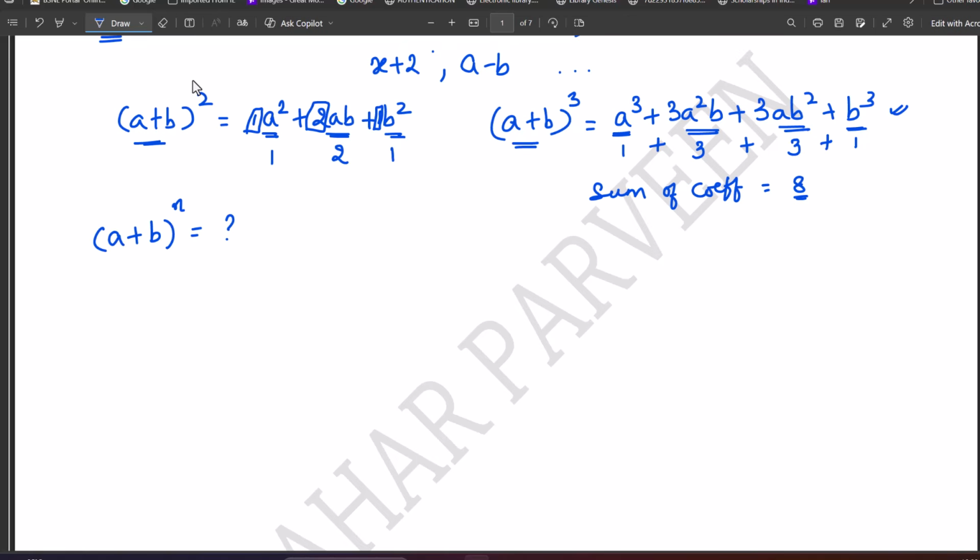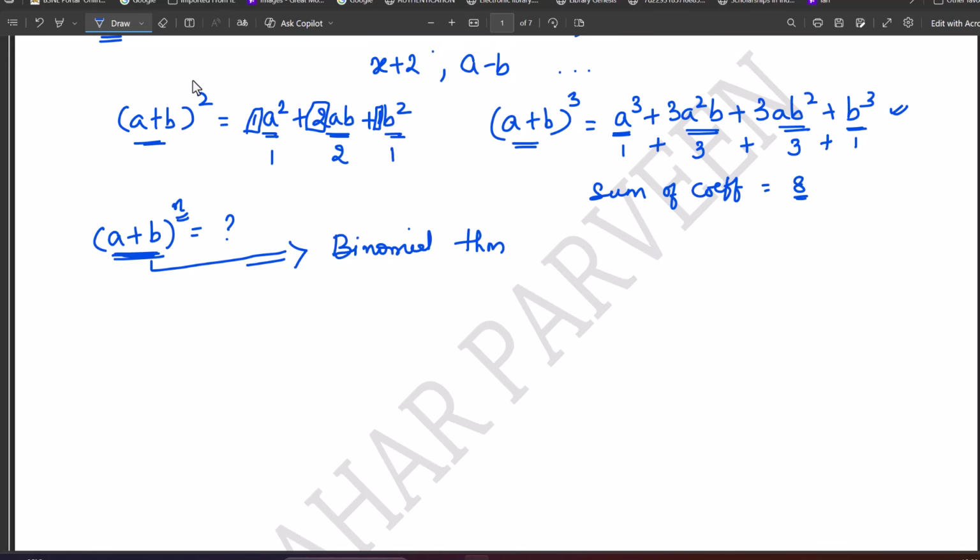So whenever you have these 2 terms with the highest power like n, you can represent that expression in one form. That form only we call as a binomial theorem. Okay, so any expression which is having 2 terms with highest power, it can be n, you can express it in the form of binomial theorem.